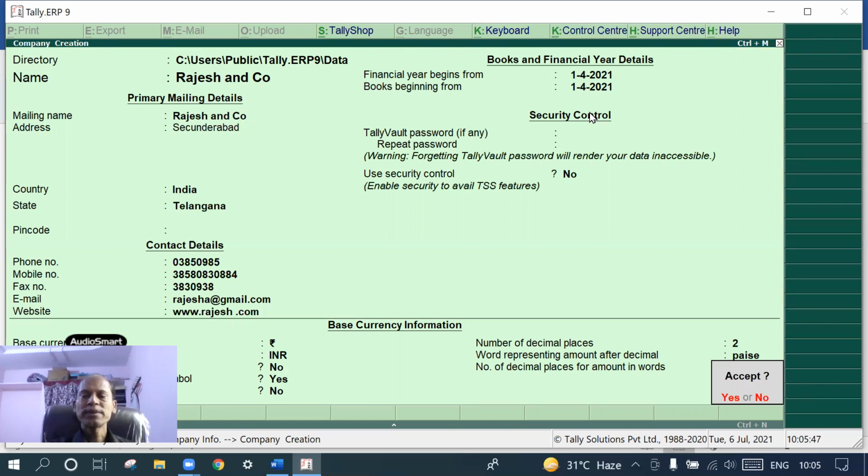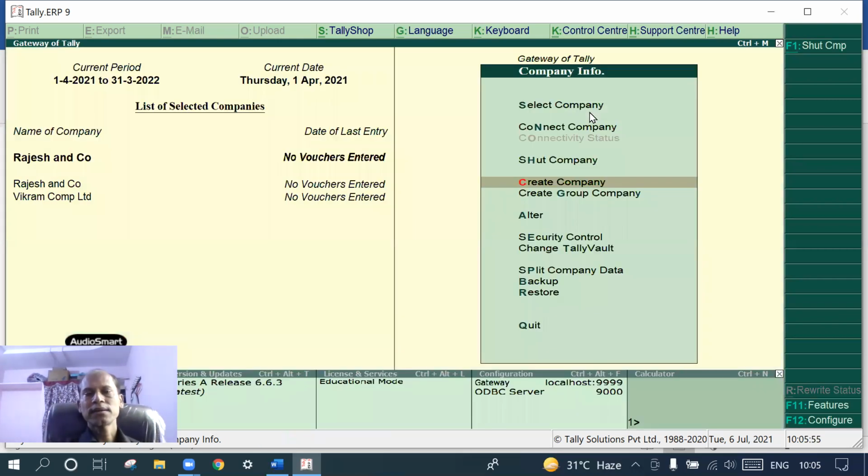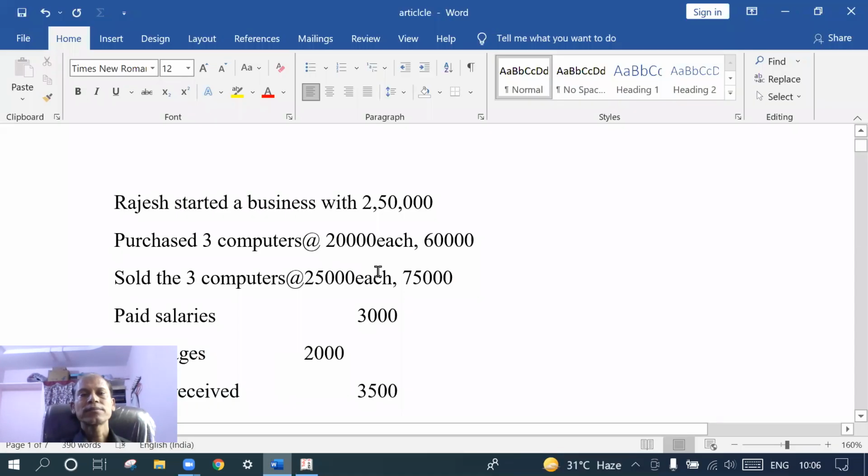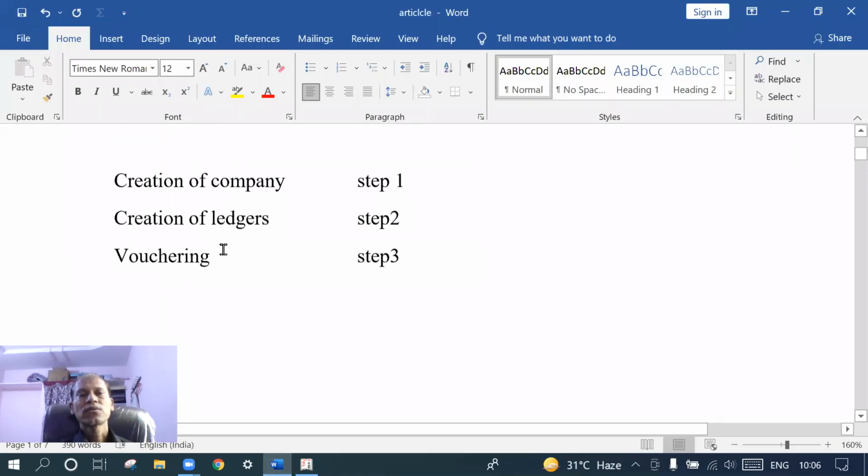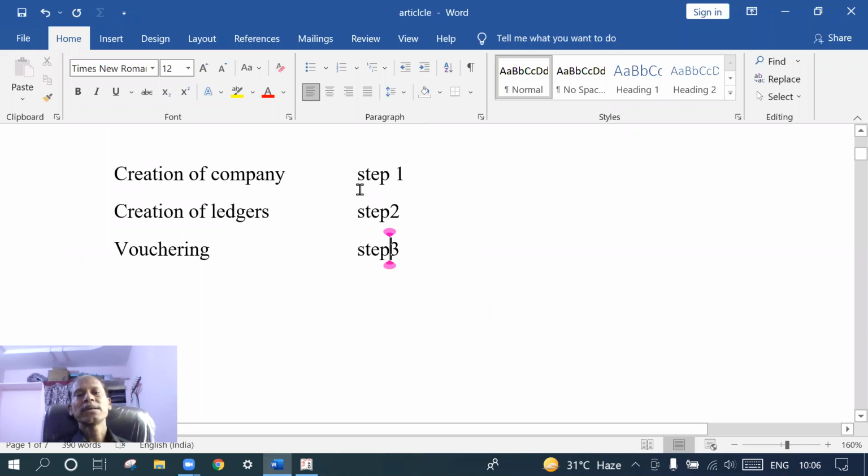If we enter, it will be accepted and saved. Saved. See, Rajesh and Company is highlighted. The first step is creation of the company on the name of Rajesh.